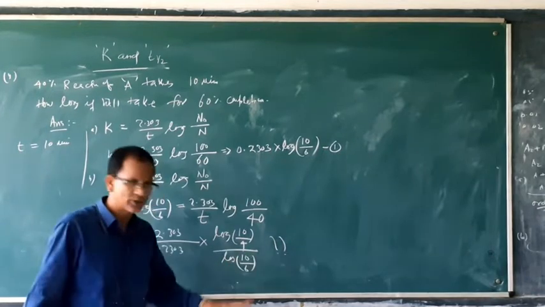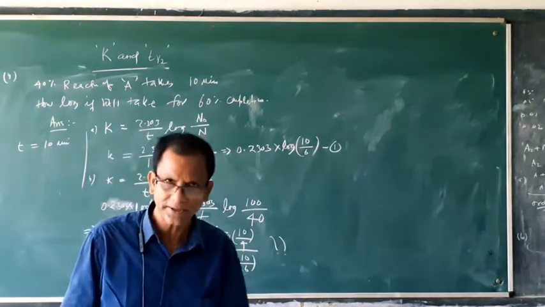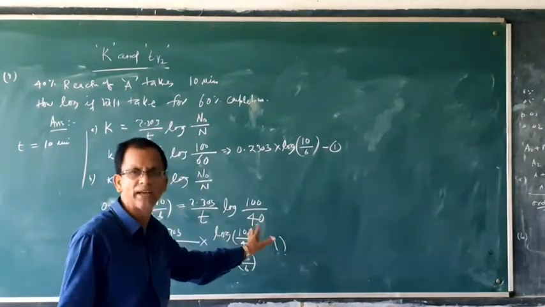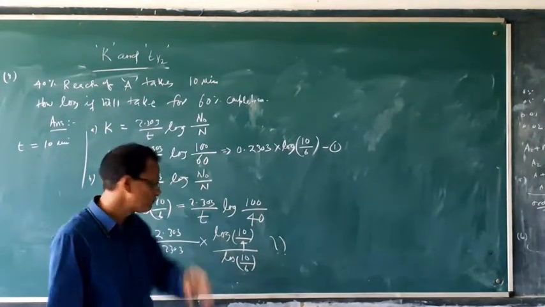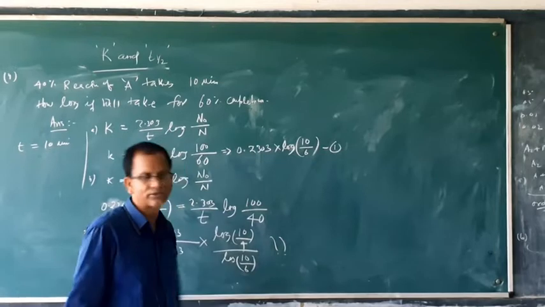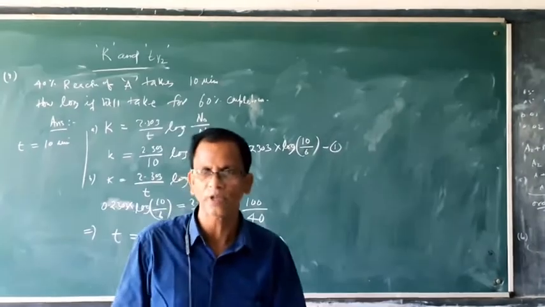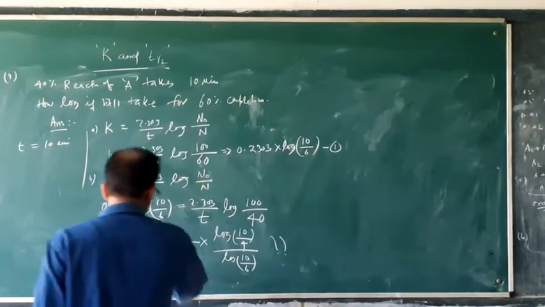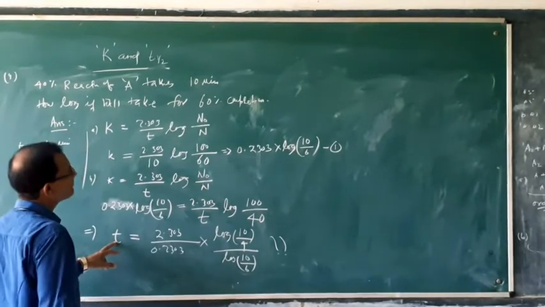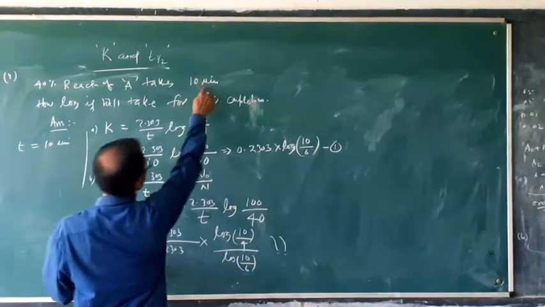Log 10 by 6 is equal to log 10 minus log 6. Here is one technique: log a by b is equal to log a minus log b. This formula we use. Log 10 equals 1, and log 4 and log 6 we will calculate from the logarithm table. By the log table we will get the value. The answer will be in minutes.